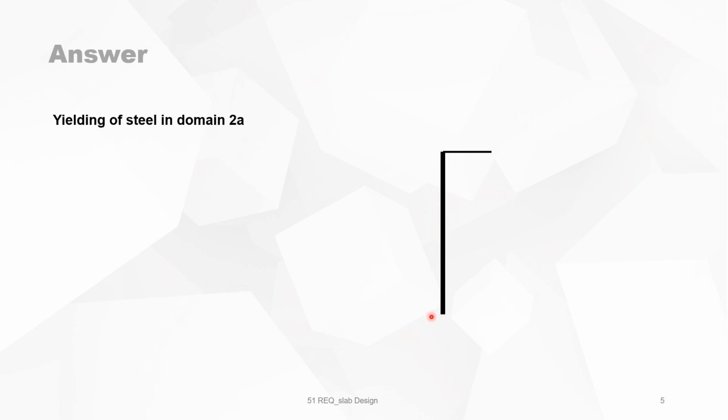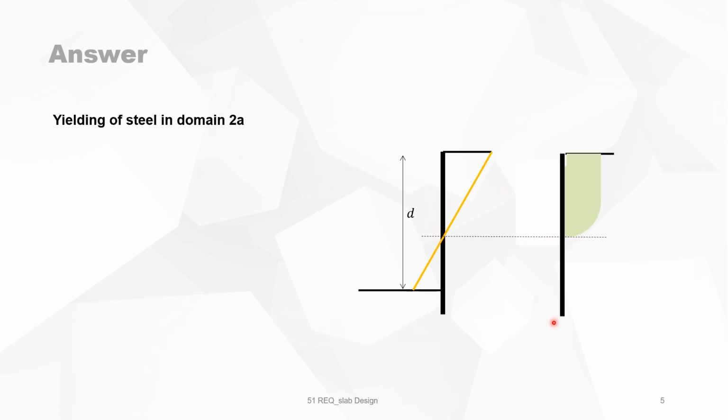Look at the concrete section. Let's draw the strain diagram. This is the concrete strain, and this is the steel strain. The effective depth is d, and the neutral axis is indicated here. And when we look now at the stresses, then we see that this is the concrete stress.